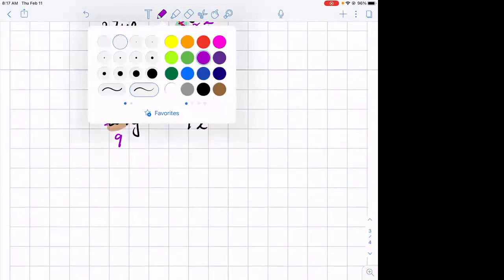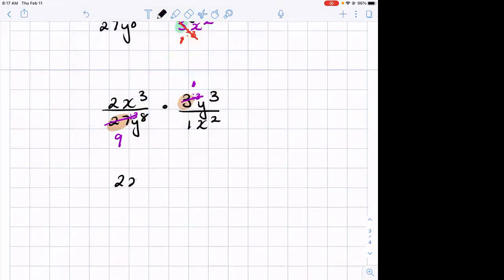So in terms of the numbers, I have 2x cubed over 9y to the 8 times 1y cubed over 1x squared.